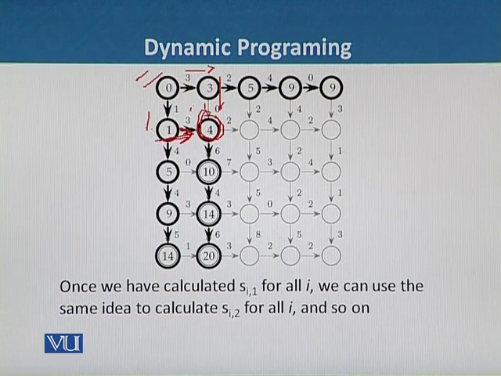From this point, we can calculate all the values of the grid present in this path. For example, if we consider Si1, we can calculate all the values for i. If we start from this point 11, we can calculate the value for i1, and i1 means we can replace the value of i with 2, 3 and 4.